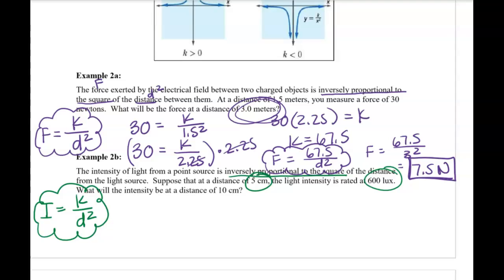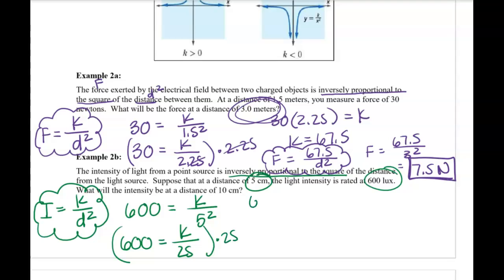And when the intensity is 600, we'll have 600 equals k over 5 squared. So 600 equals k over 25. Multiplying by 25 on both sides gives us 600 times 25 equals k, or 15,000 equals k. So now our formula is I equals 15,000 over d squared.